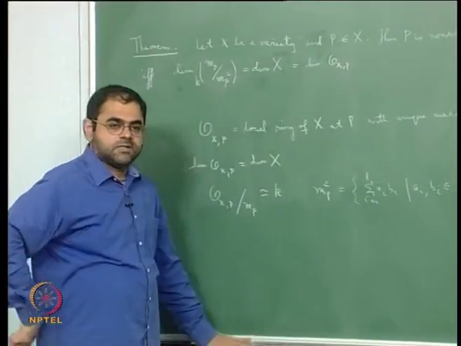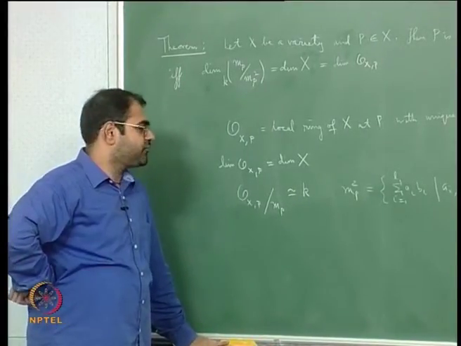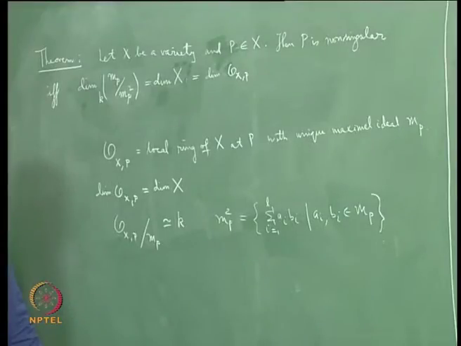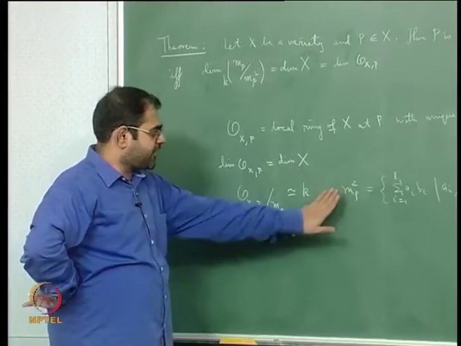Okay, this is just the squared ideal, a finite sum of products taken two at a time from this maximal ideal MP.